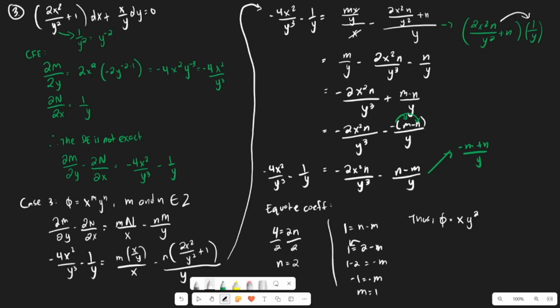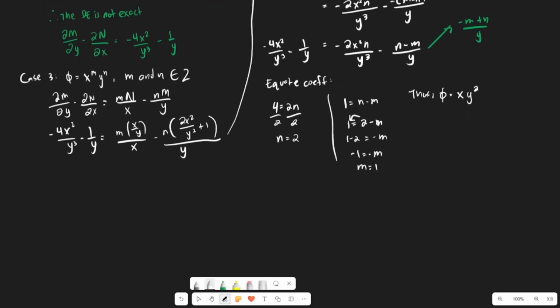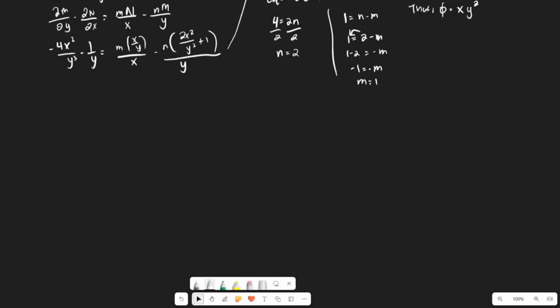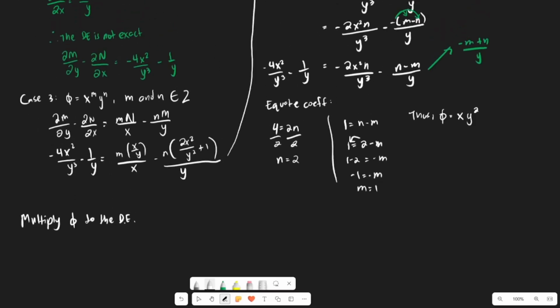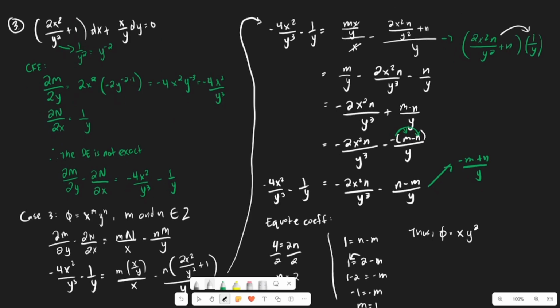So now that we have our integrating factor, the next step will be to multiply that integrating factor to our differential equation. So this is our differential equation.